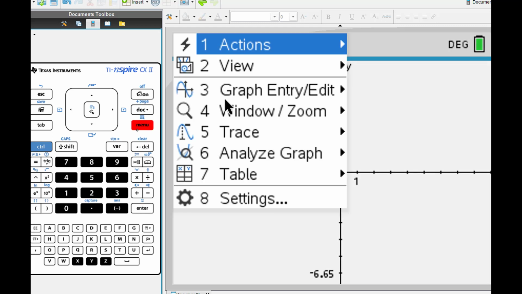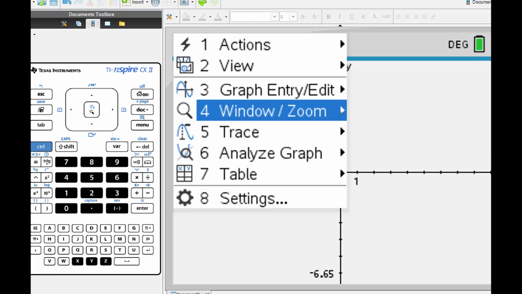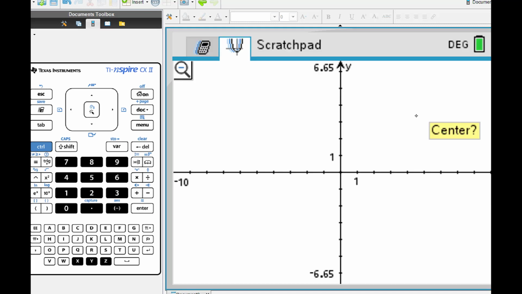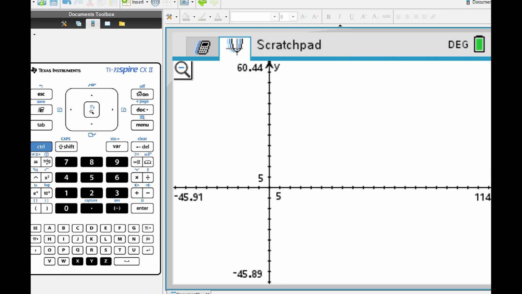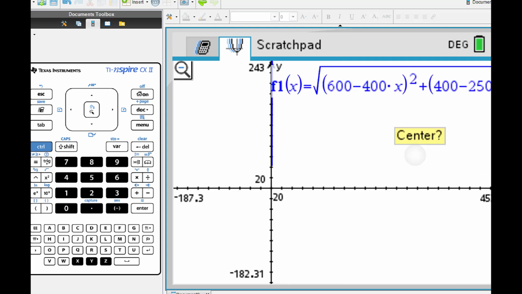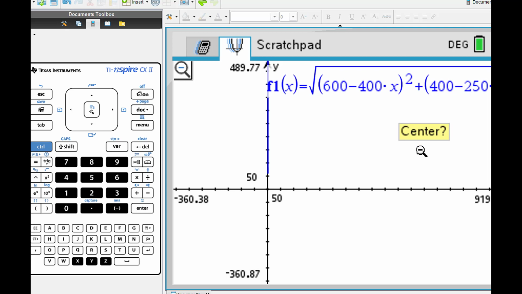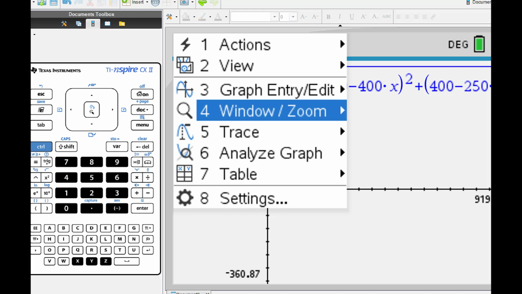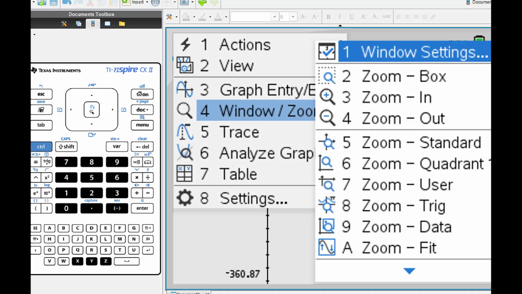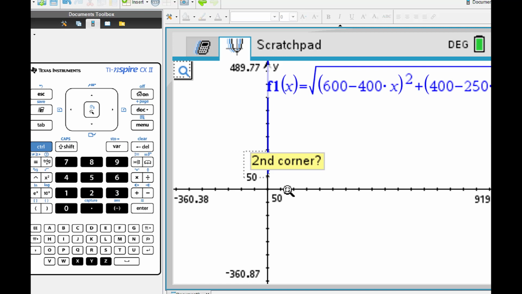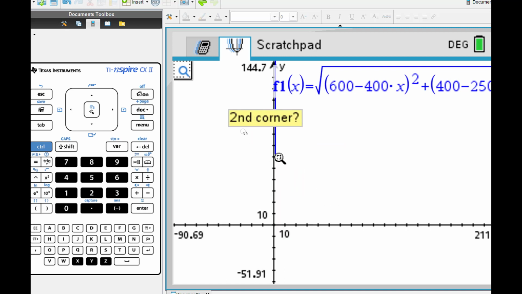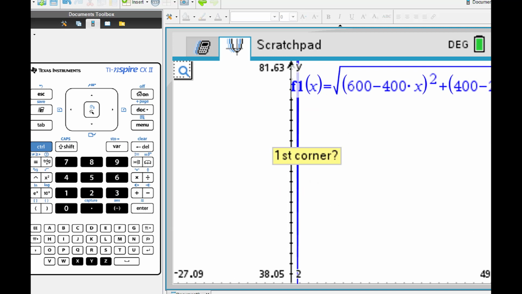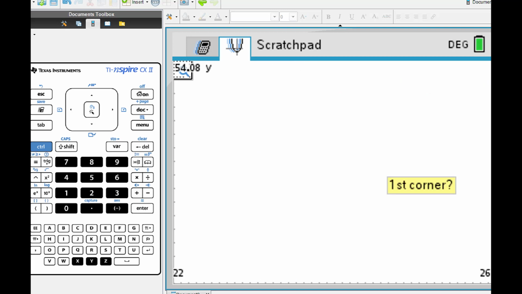So we can't see our graph on here because it's a larger graph than our viewing window. So let's zoom out till we see this guy. Right here it is. And I'm going to have to change my viewing window a little bit more. So let's do a zoom box.